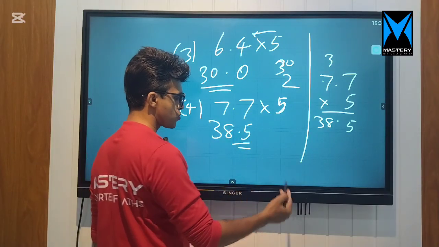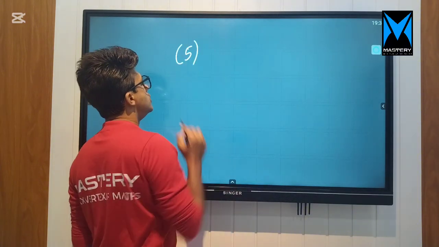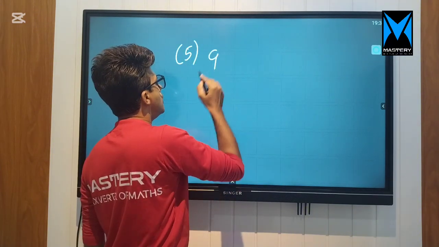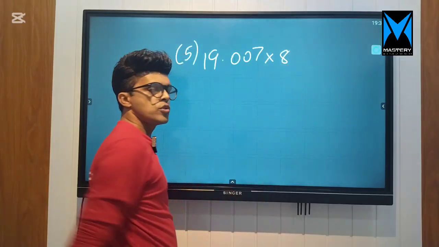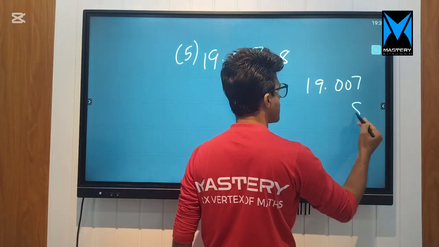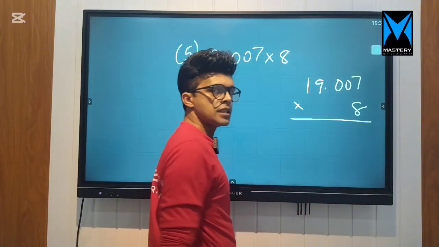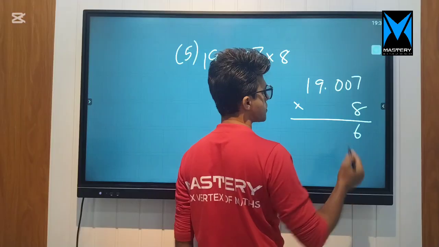Yes. So the next question is 19.007 into 8. How do you do this? 8 times 7, 56, remainder is 5.